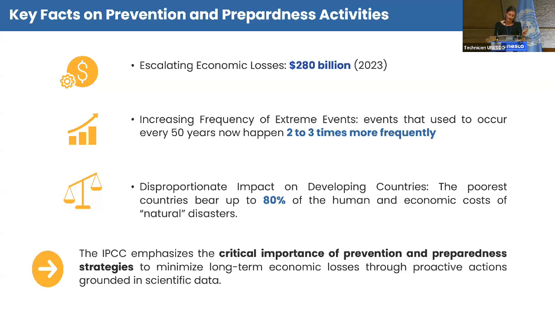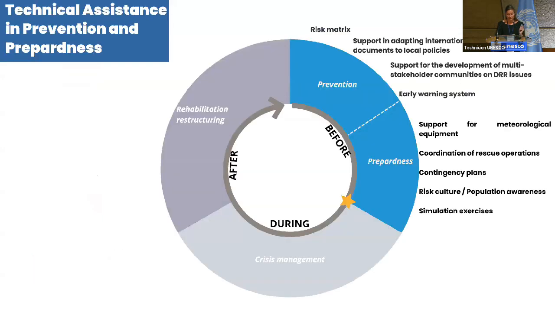And according to the IPCC, every dollar spent on prevention can save up to $7 to $9 in recovery and rebuilding. So I would like to focus on several activities that we can provide in our technical assistance in prevention and preparedness. I will not detail all these activities. I just would like to focus on risk matrix, early warning, and contingency plans.